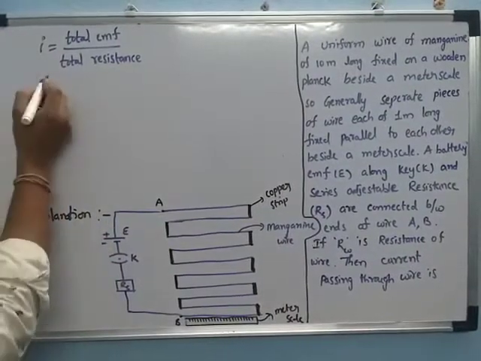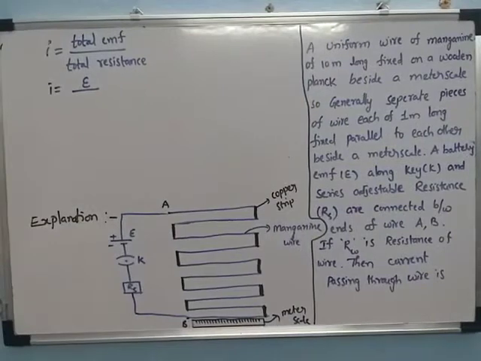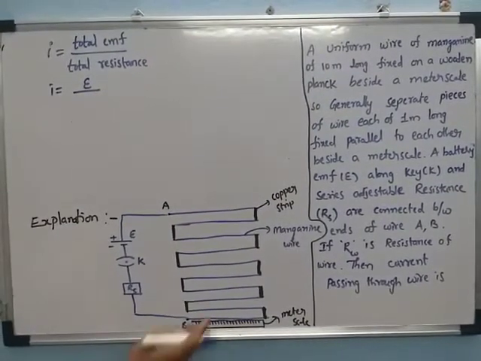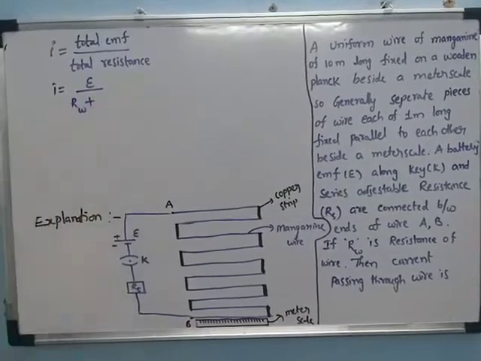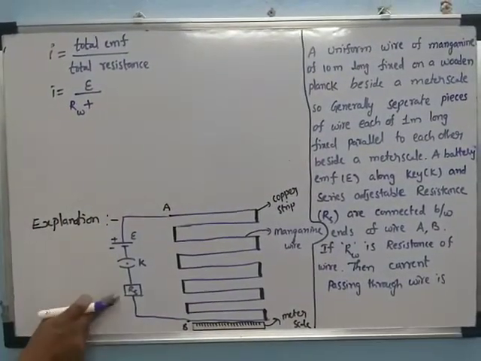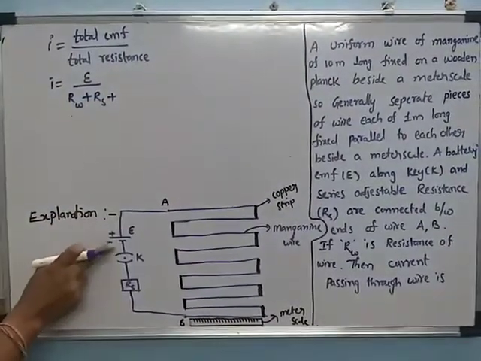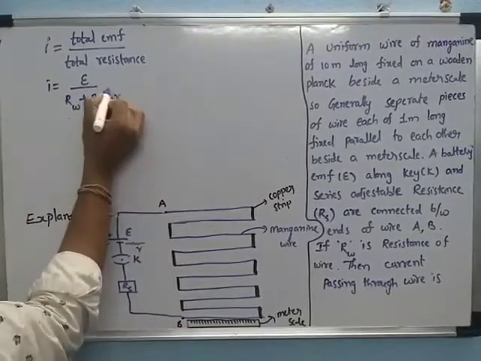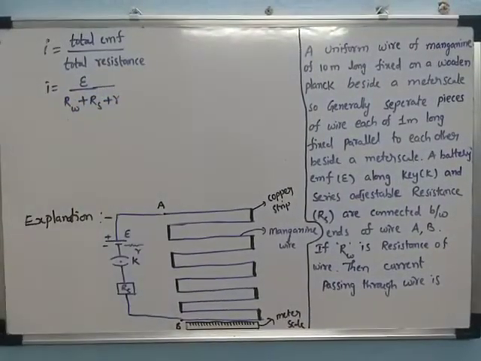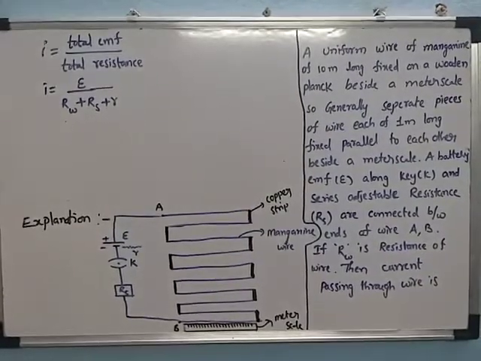Only one EMF. We can write E by total resistance. The total resistance is this wire's resistance RW plus the series adjustable resistance RS plus the battery's internal resistance small r. So the current I is equal to E by RW plus RS plus r.